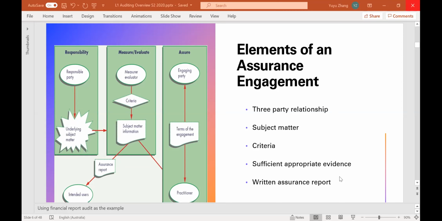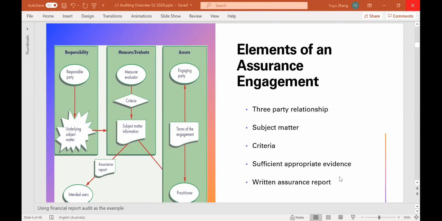Basically, for the elements of assurance engagement, we have 5 basic elements: three-party, subject matter, criteria, sufficient appropriate evidence, and also the written report. That also means without any of these essential elements, the engagement couldn't be an assurance engagement.